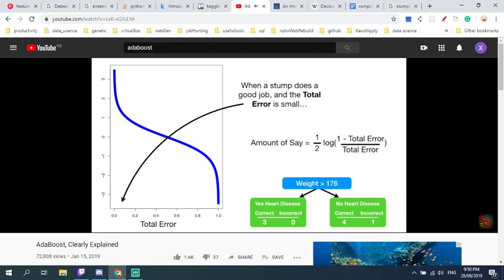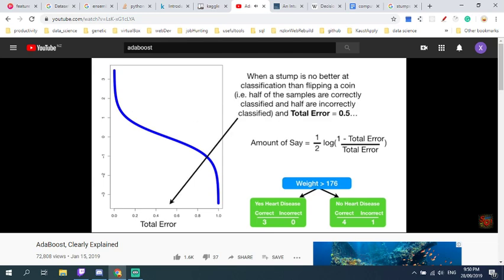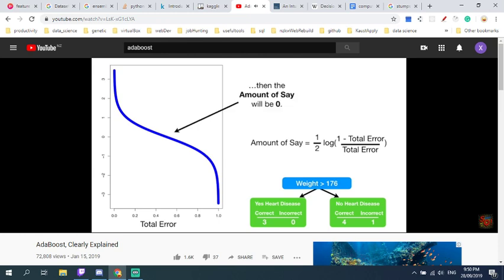When a stump does a good job and the total error is small, then the amount of say is a relatively large positive value. When a stump is no better at classification than flipping a coin, i.e., half the samples are correctly classified and half are incorrectly classified, and the total error equals 0.5, then the amount of say will be 0.